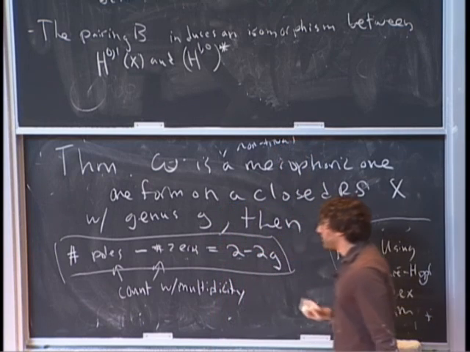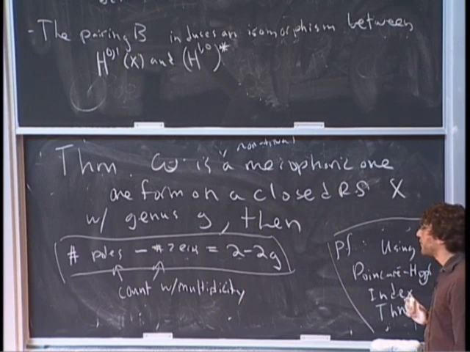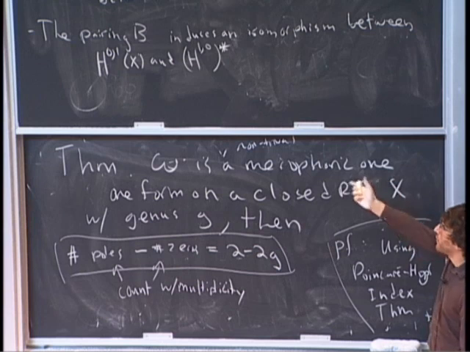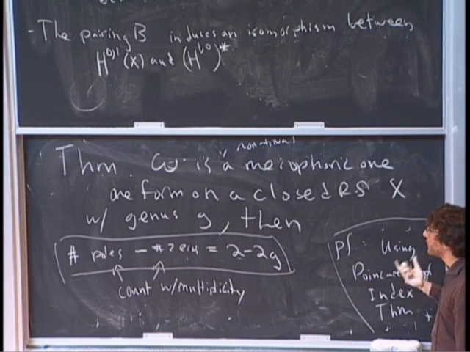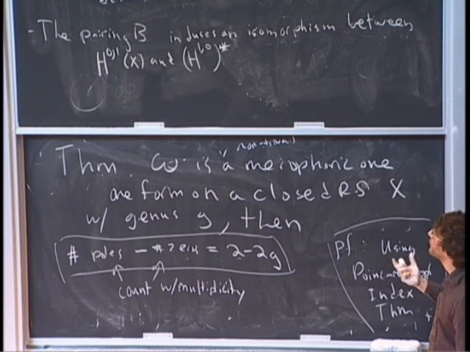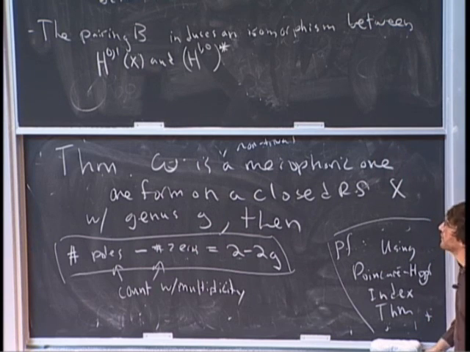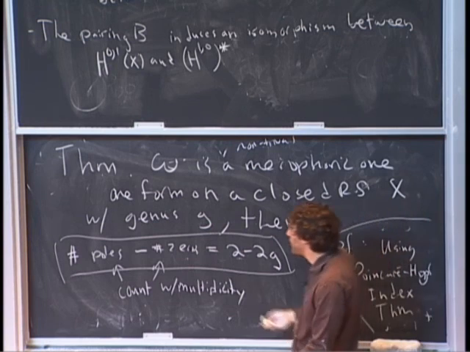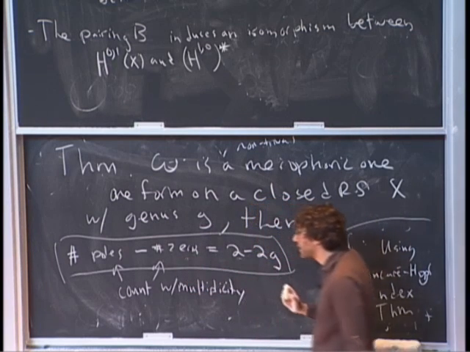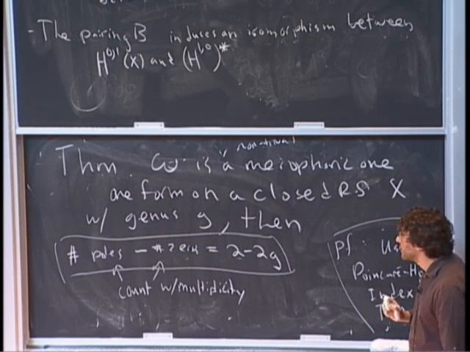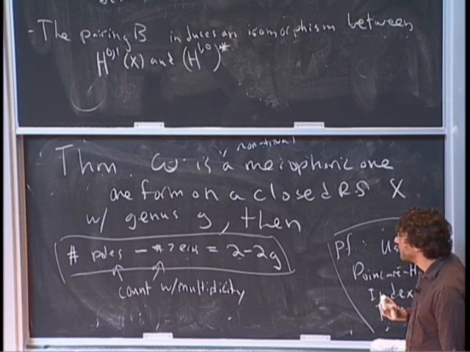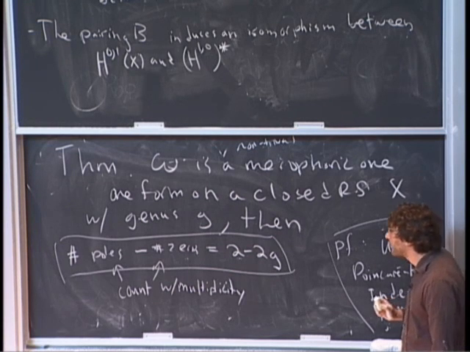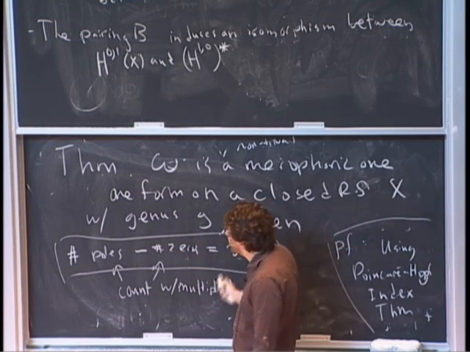So one observation is that if you have a genus 1 surface, then by what we did before, it must have a holomorphic 1 form because of the computation of the de Rham cohomology. What this tells you is that this holomorphic 1 form cannot have a 0 unless it's identically 0.